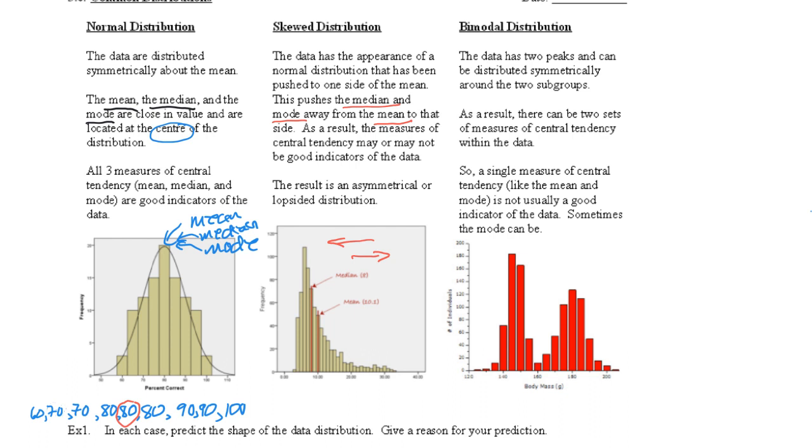Okay, so the peak ends up being here, and that peak is actually the mode of what we see on our graph. So sometimes the graph will look like this, or it would go from right to left or left to right. It's up to what the data looks like.